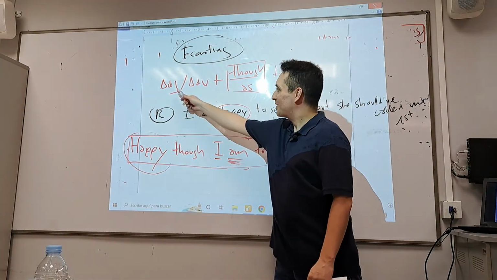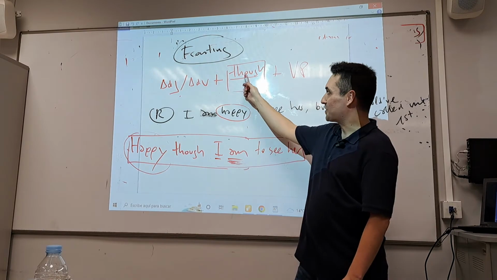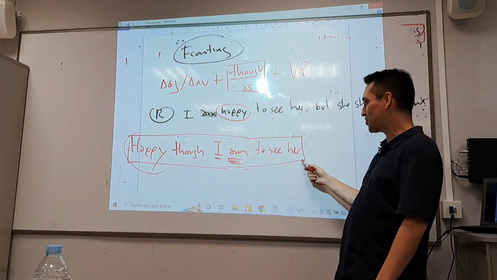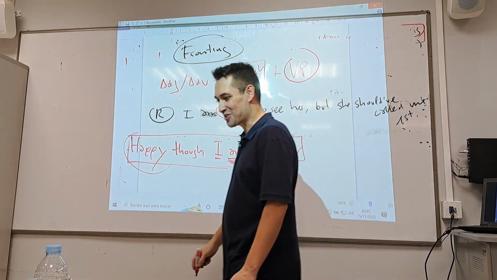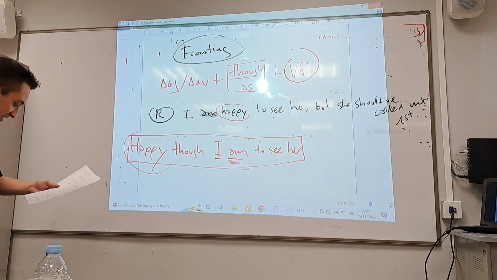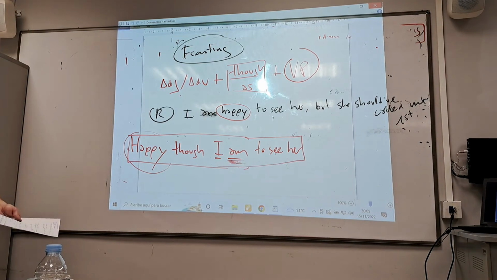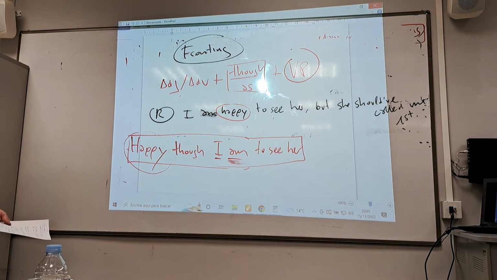This is fronting. Happy though I am to see her. This is happy, the adjective. Though is the next element. And then I am to see her would be the verb phrase. And then finish off the sentence, Leon. It's the same now. But she should have. Oh, be careful.